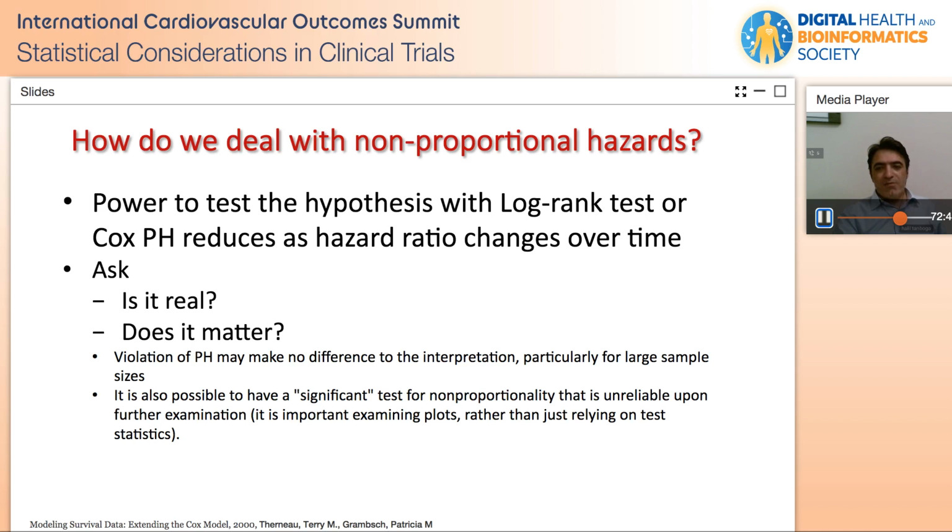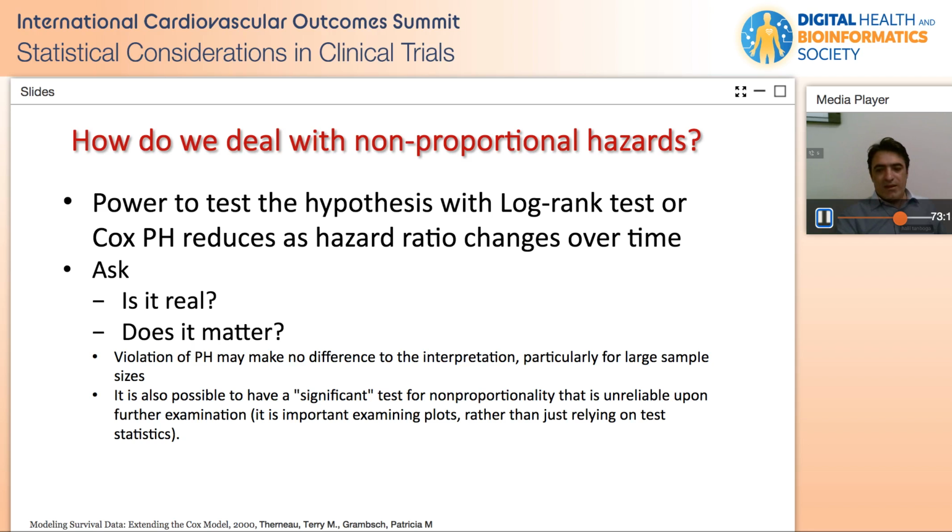In Therneau's famous book, Modeling Survival Data, it is recommended to ask two questions in the case of non-proportional hazard. The first question is: is the non-proportional hazard which you determined real or not? And the second question is: does the non-proportional hazard matter or not?